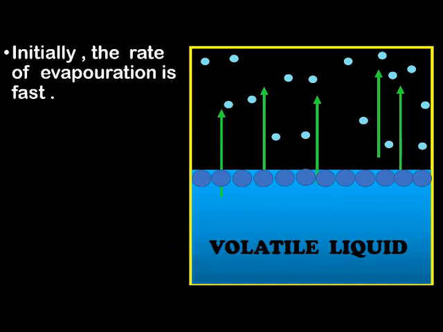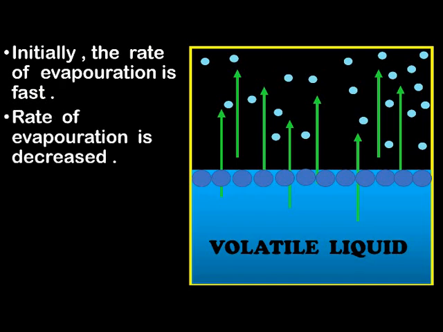Now again after some time we make observations, and now what we observe is that the liquid is still getting evaporated and forming vapors, but this time the liquid is forming vapors slowly, which means that the liquid is getting evaporated slowly. So guys, can I say that now the rate of evaporation is decreased?